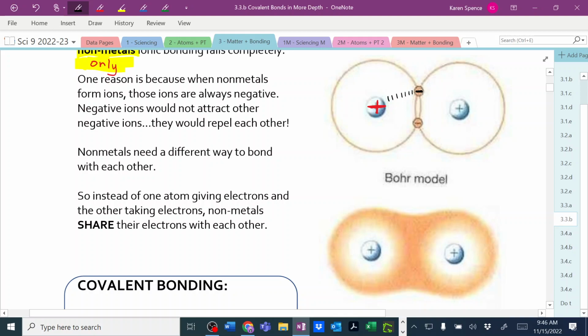What do positive and negative do? Attract. What is that positive thing in the middle of the atom? That is the nucleus. So you have a positive nucleus, and in the other atom, you also have a positive nucleus.